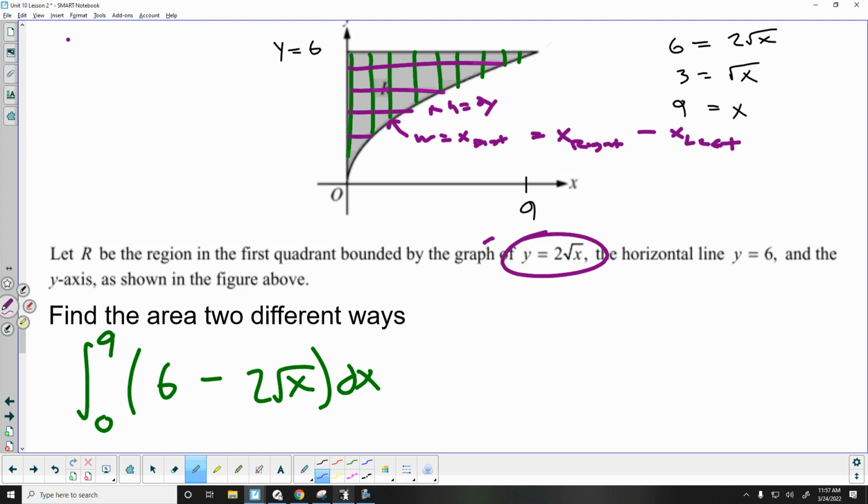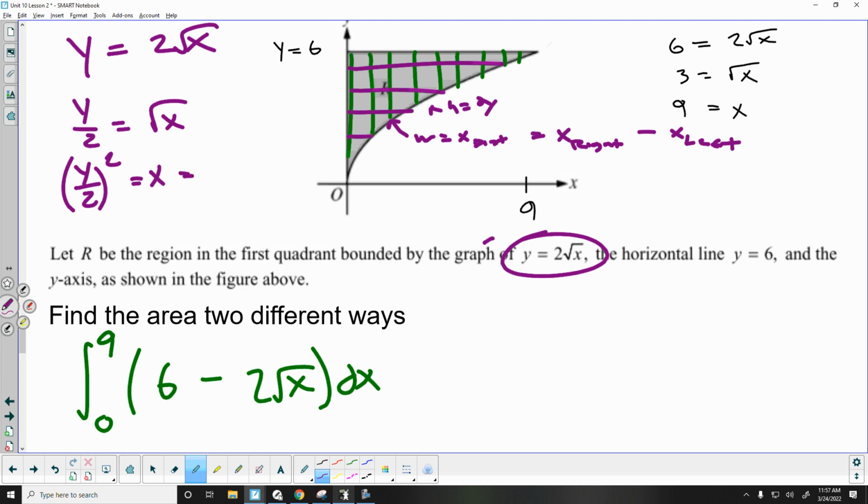You need to take y equals 2 root x and figure out the x distances. The x equals distances. Divide by 2, square. You may either keep it as x equals, in parentheses, y over 2 squared, or y squared over 4.